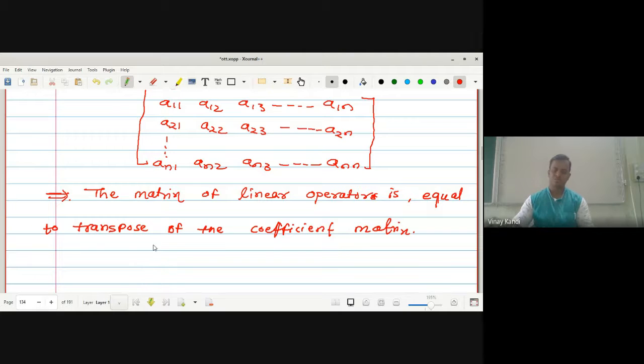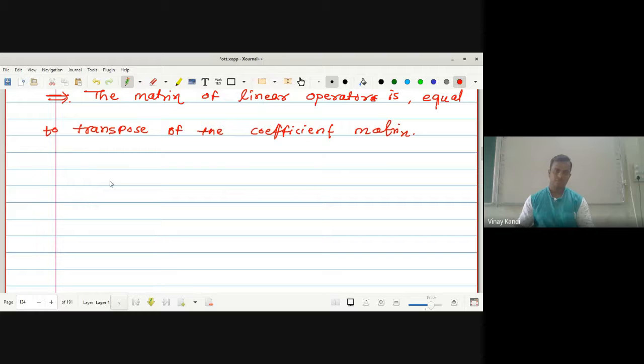We can denote this as the matrix of T with respect to basis B, that is E. B is the basis of our domain and codomain. Here the domain and codomain are the same.